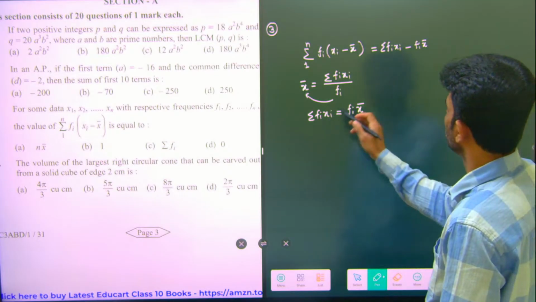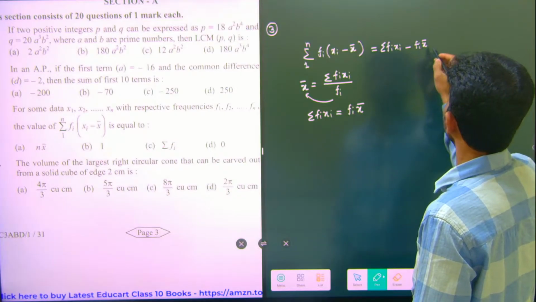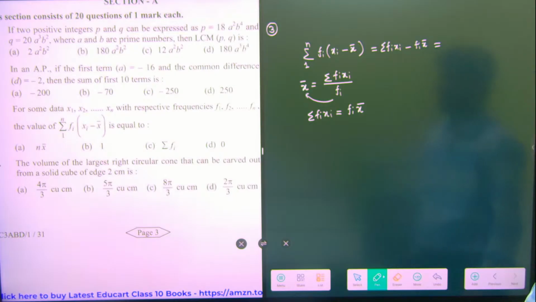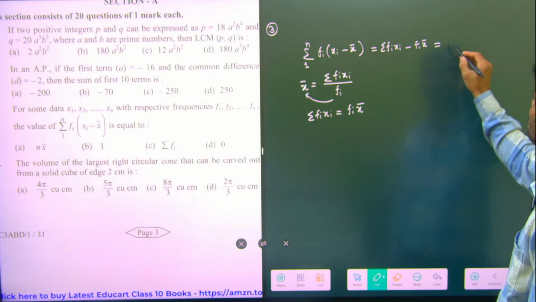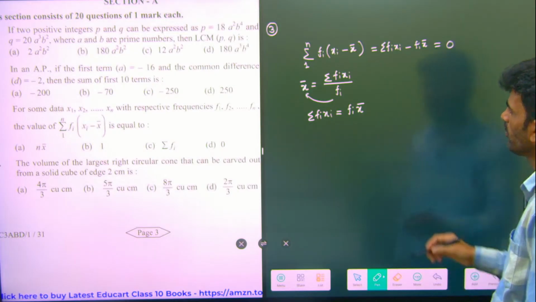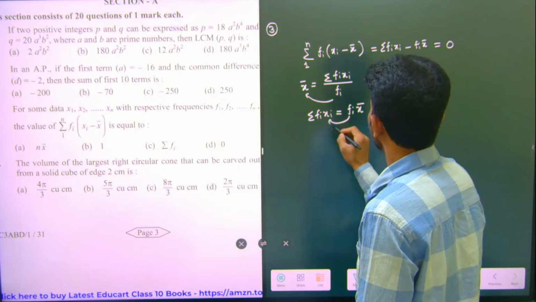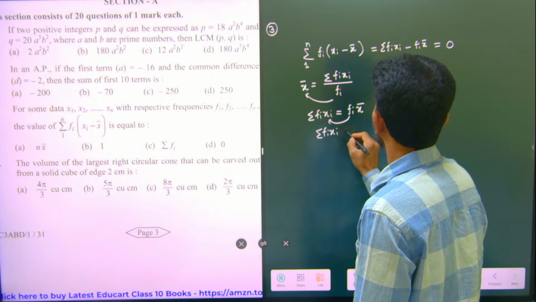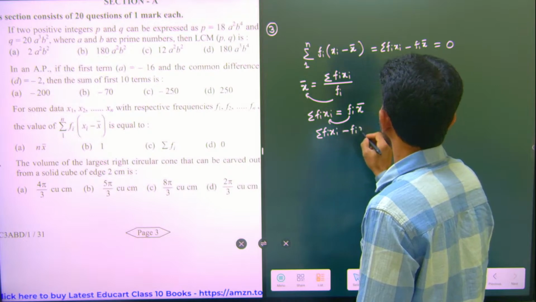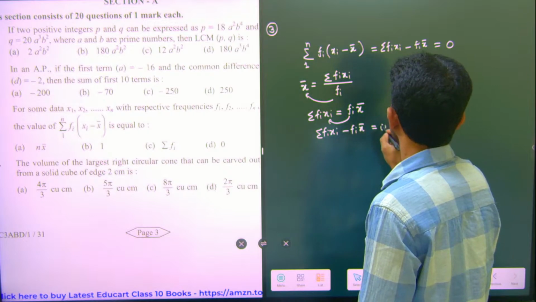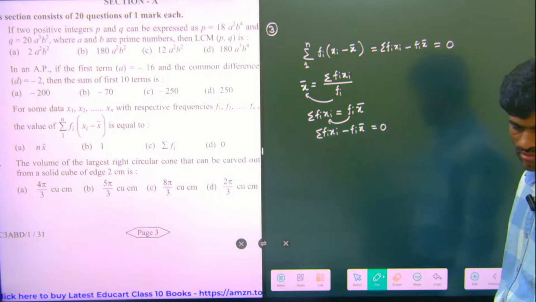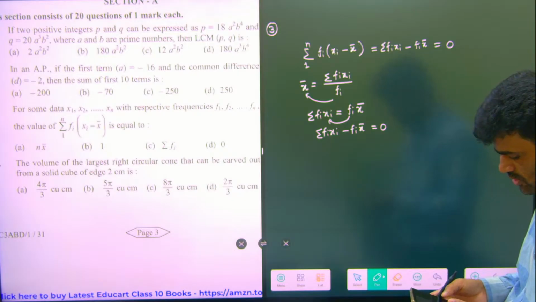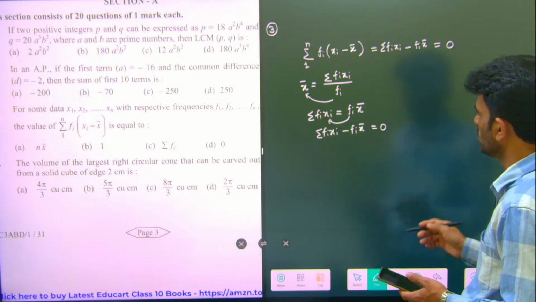The two are the same. So when you subtract equal values, what is going to be the result? The result is going to be 0. Which option is correct? For this question, option D is correct.